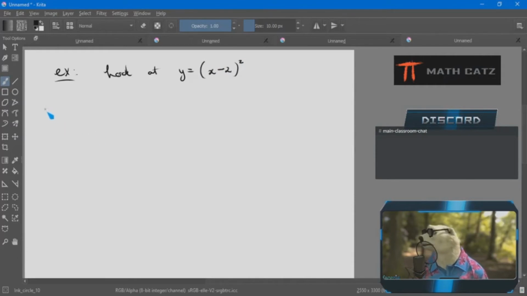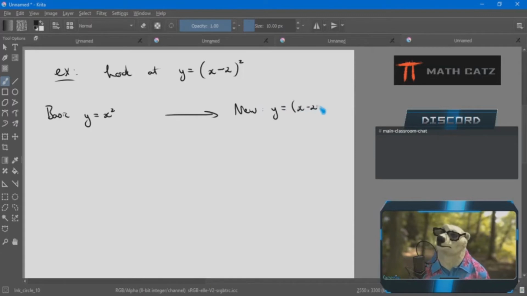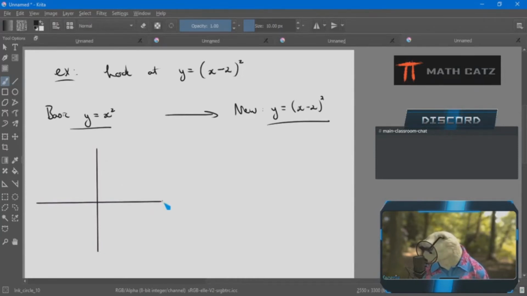Now the function has changed from my basic function, which is y equals x squared, to my transformed function, y equals x minus 2 squared. So I know what the basic graph looks like. Let's draw it. It's my basic parabola.